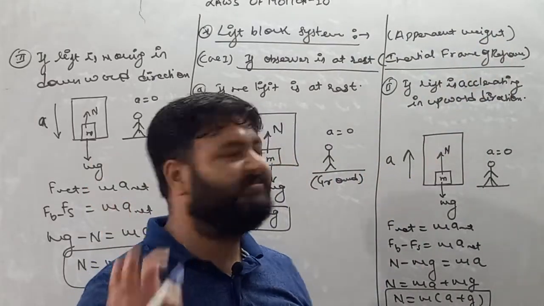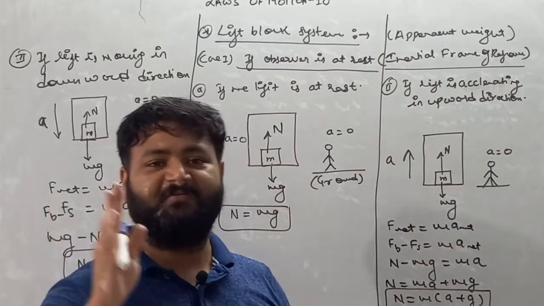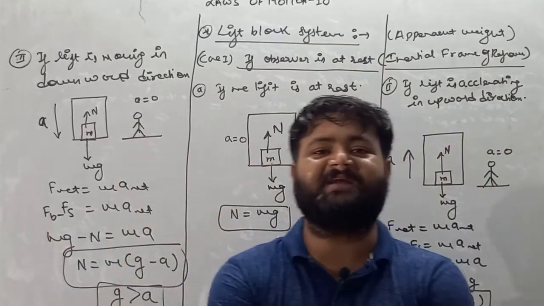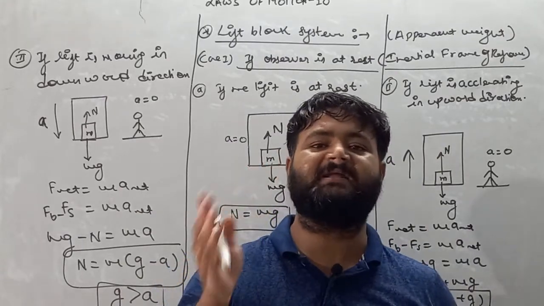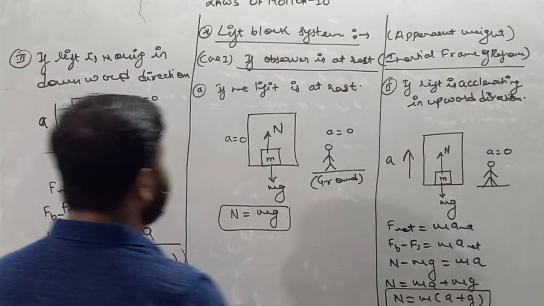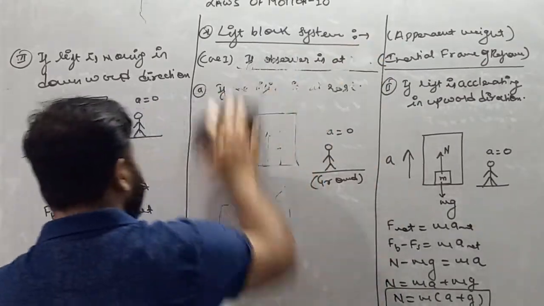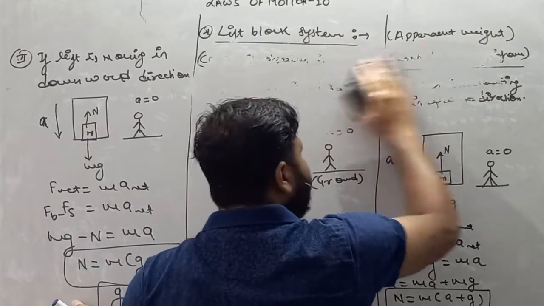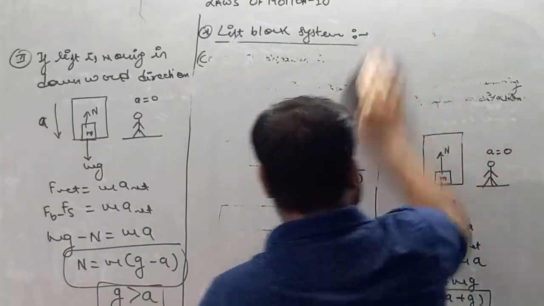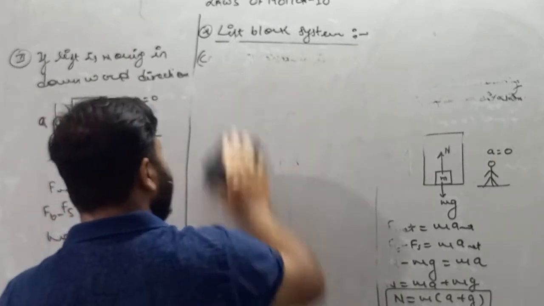Now I'll solve the same thing in a non-inertial frame of reference. Non-inertial frame of reference means the observer is accelerating. So moving forward, write down case 2. If the observer is accelerating, try to understand this concept, my dear student.